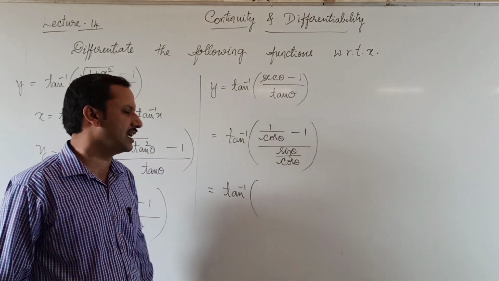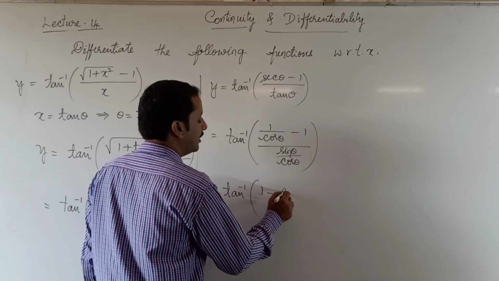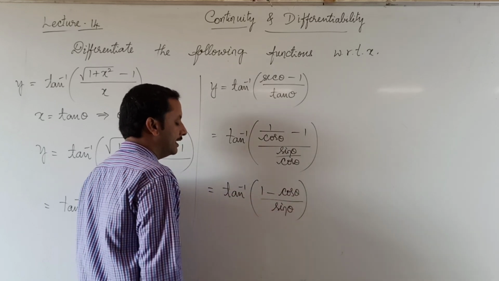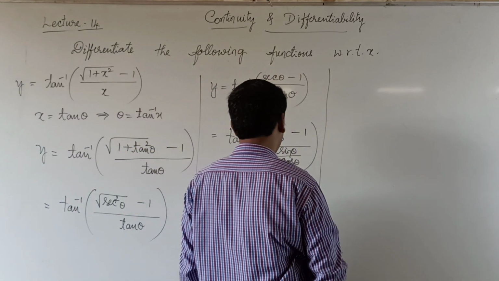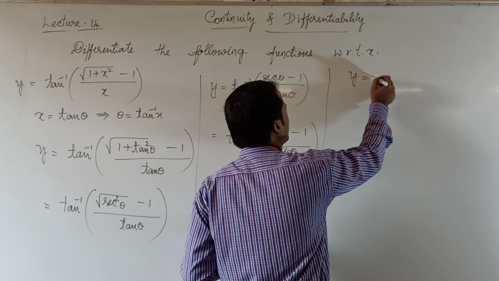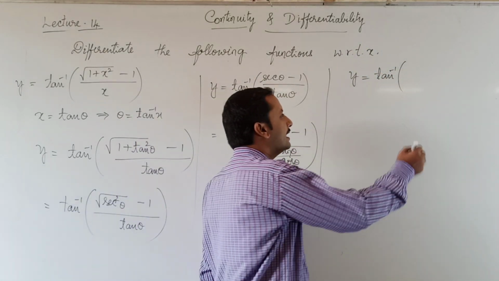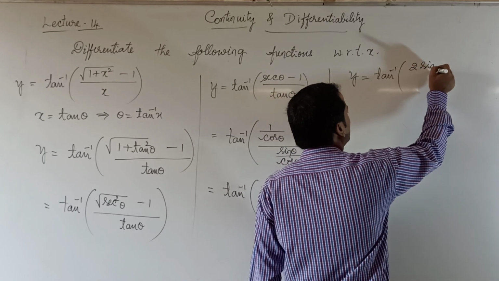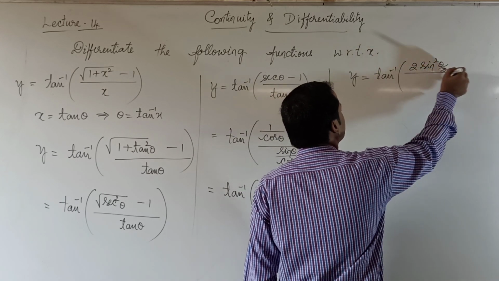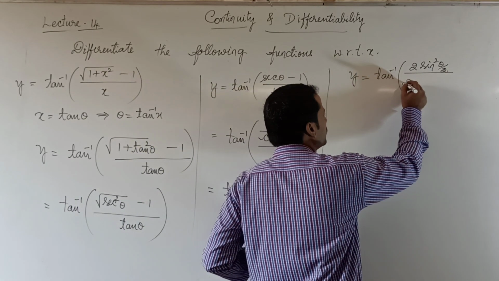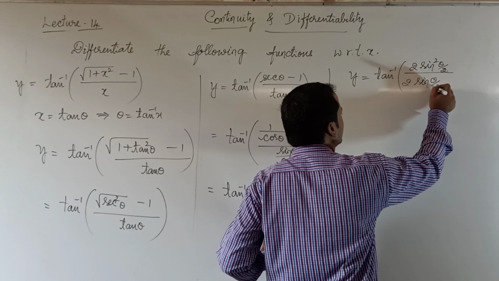That cos theta gets cancelled, so we are left with 1 minus cos theta divided by sin theta. Further, y equal to tan inverse of this: 1 minus cos theta we can write as 2 sin square theta by 2, and in the denominator sin theta, we can write as 2 sin theta by 2 cos theta by 2.